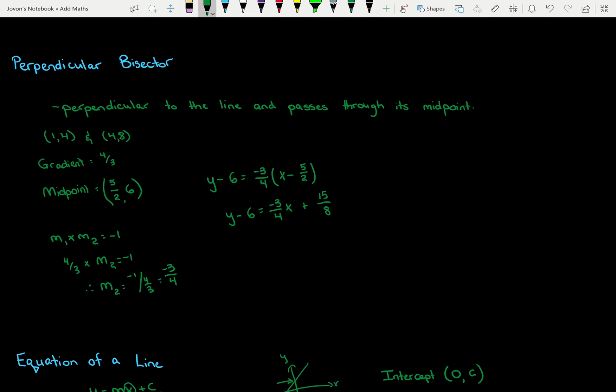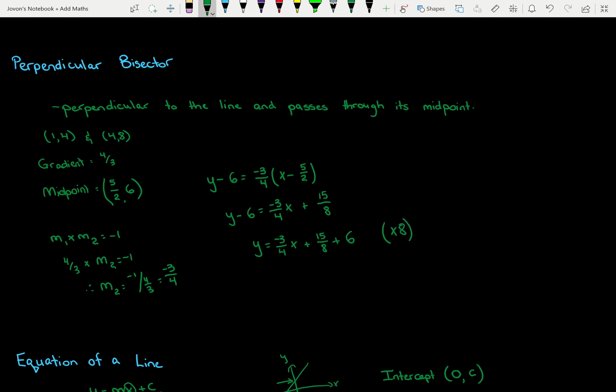What we get here is y is equal to -3 over 4 x plus 15 over 8 plus 6. To make this simple, since we do have fractions, what we could do is multiply throughout by 8.